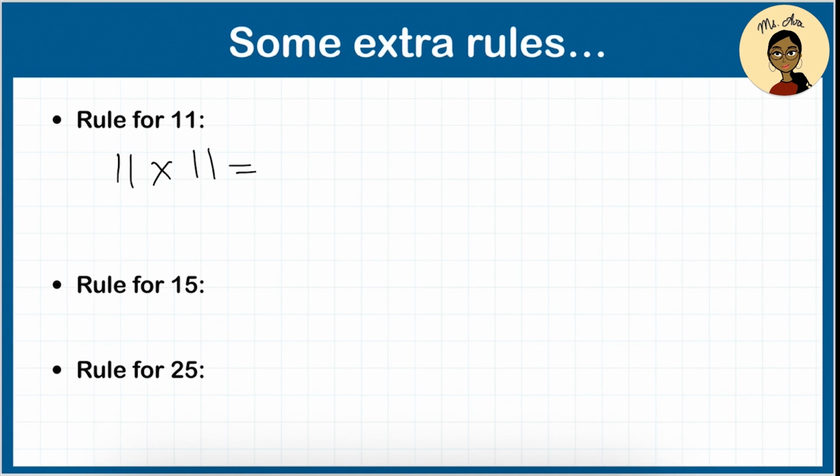The way that it works is, let's say I'm doing 11 times this number right here. I take this number and I split it up so there's a 1 and 1, and then in between I have to add the two numbers on either side. So I add those up and I get a 2, and that goes right in the middle, and you would get 121.